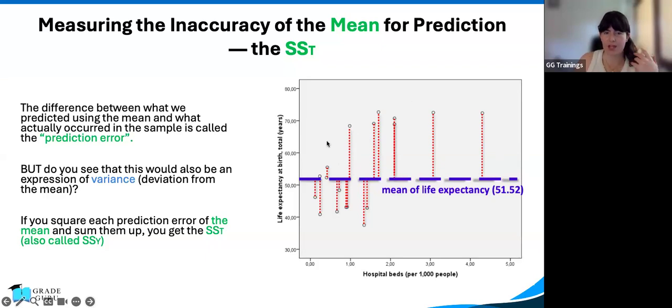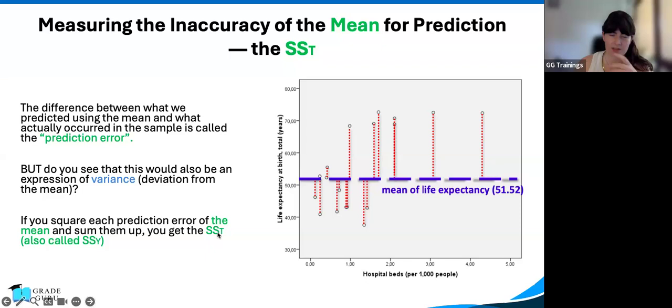Okay, so if we want a measure of inaccuracy of using the mean line to predict y, then we would do the same thing with the prediction errors, right? We'd take each one, we'd square it, we'd sum it up, and that would give us our overall measure of inaccuracy. This is called the SST.